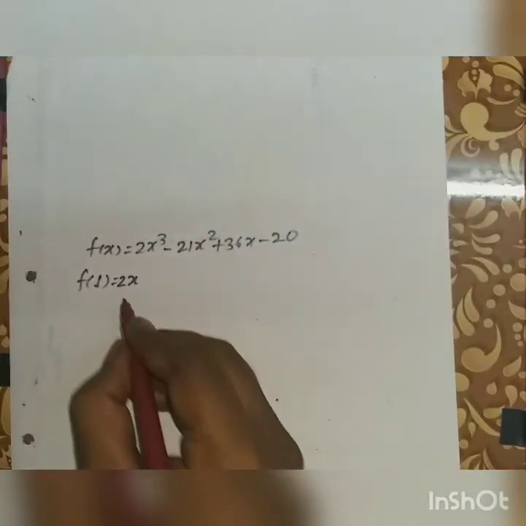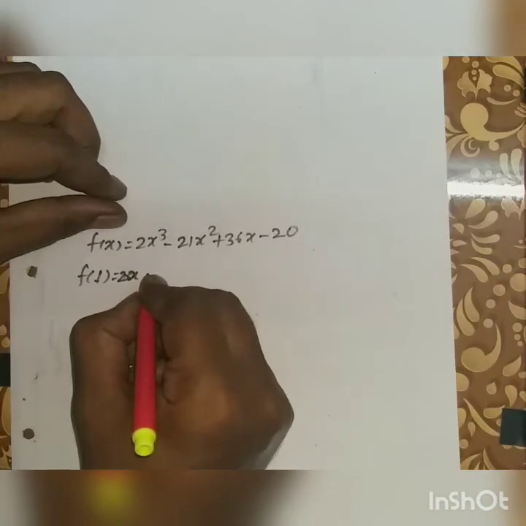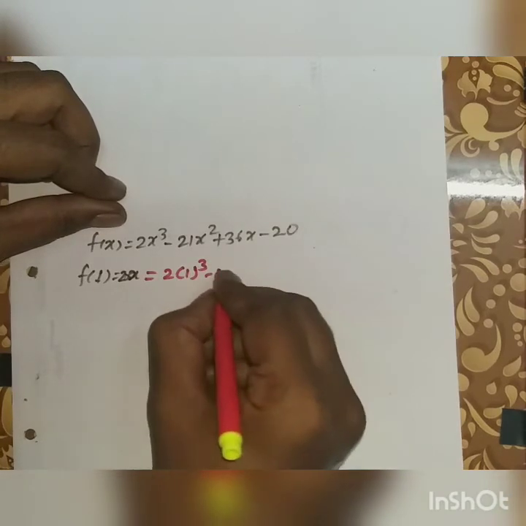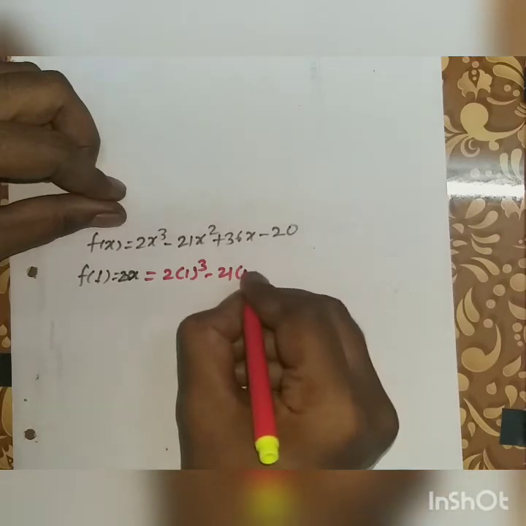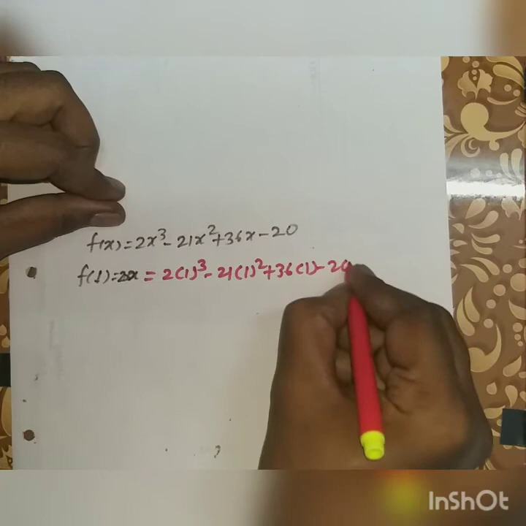In place of x we substitute 1: 2 into 1 cube minus 21 into 1 square plus 36 into 1 minus 20.